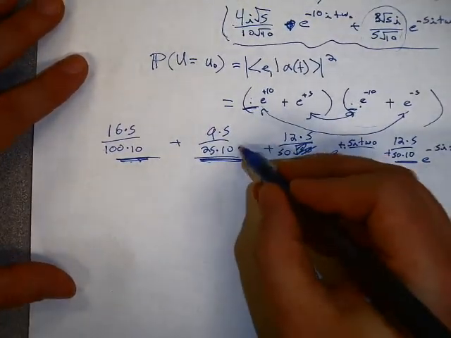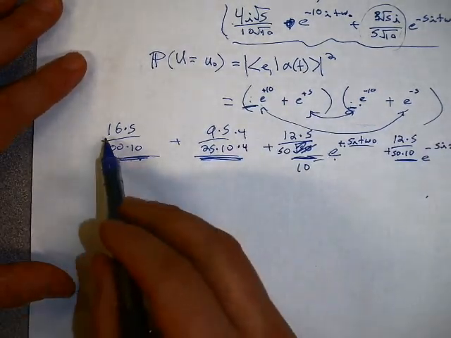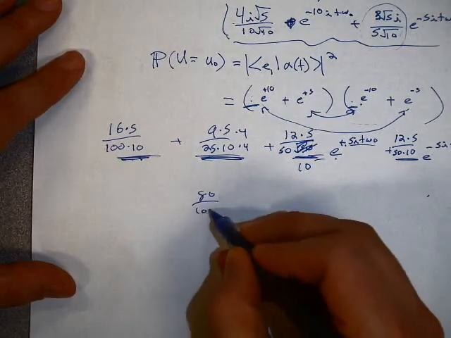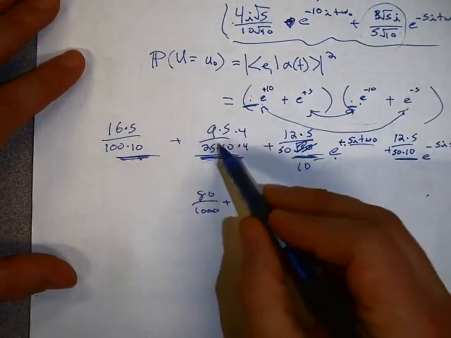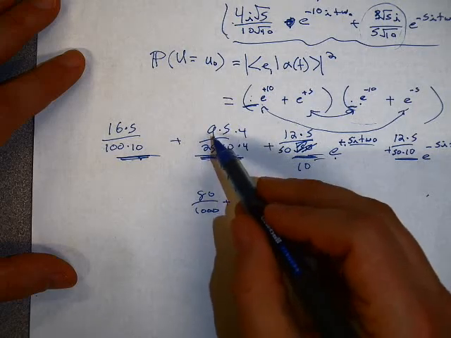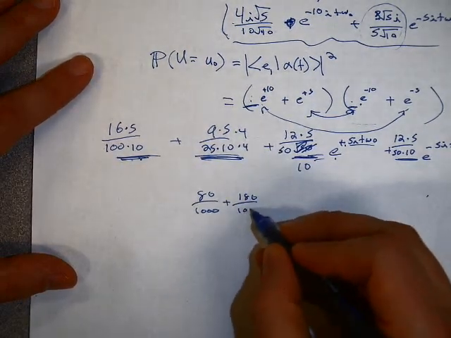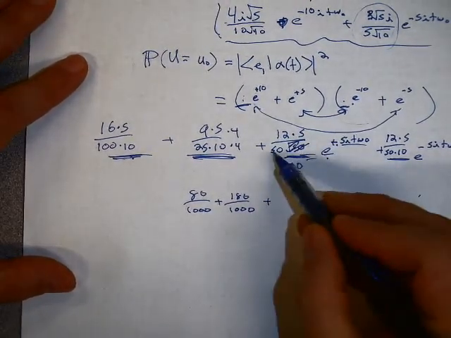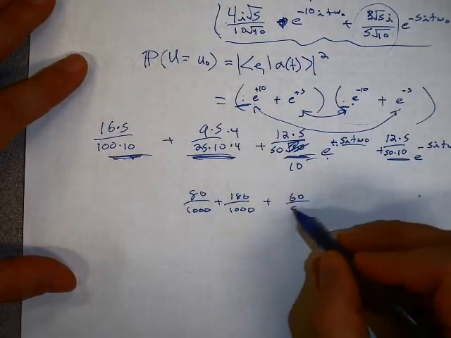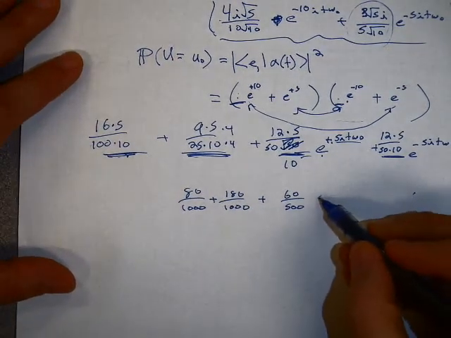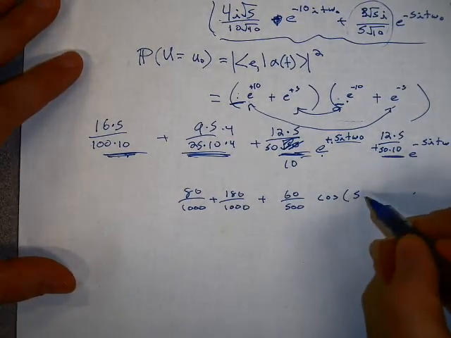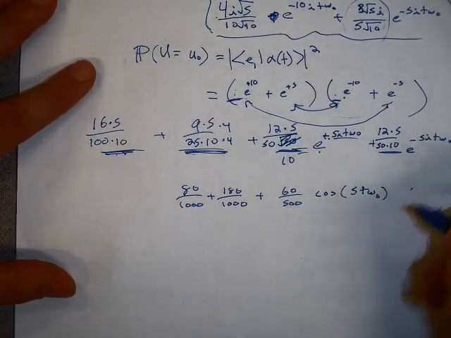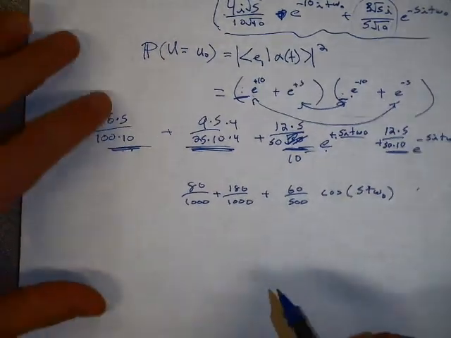I think if I multiply this guy by 4 over 4, 16 fives, what's that? 80 over 1,000 plus 20 times 9 is 180 over 1,000 plus that's 60 over 500 times cosine of 5 t omega naught.